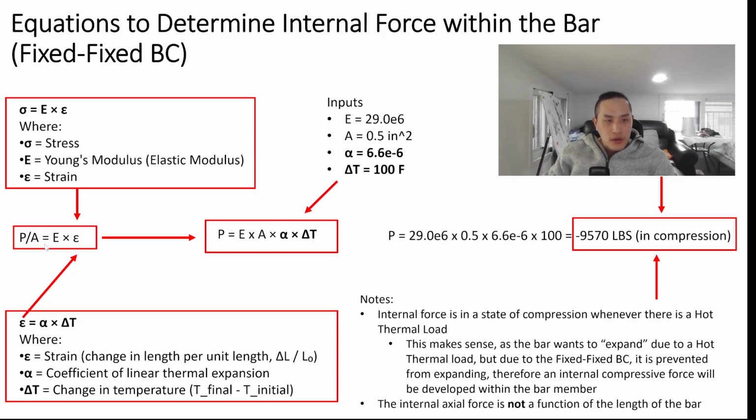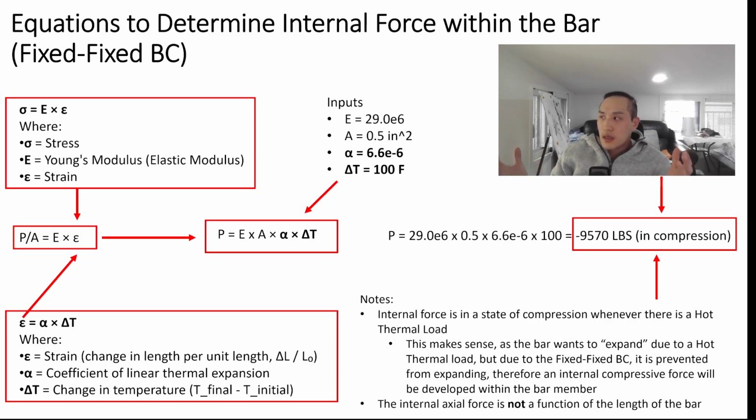And then when you decompose this equation, it basically comes out to be the internal force within the bar, P, is equal to E times A times alpha times delta T. And here are some of the inputs; I'm going to be using some just arbitrary values. For this example, I'm using steel, 29.0 E6, cross-sectional area 0.5 inches squared. The coefficient of thermal expansion is 6.6 e to the negative 6, and the delta T is 100 degrees Fahrenheit.